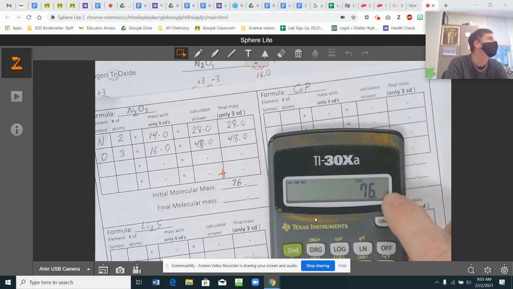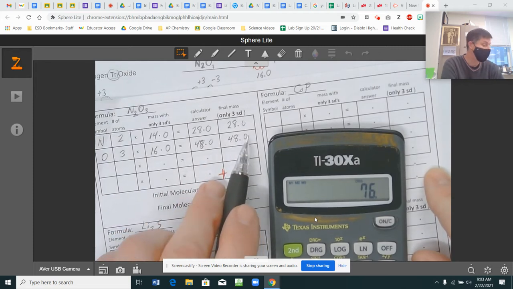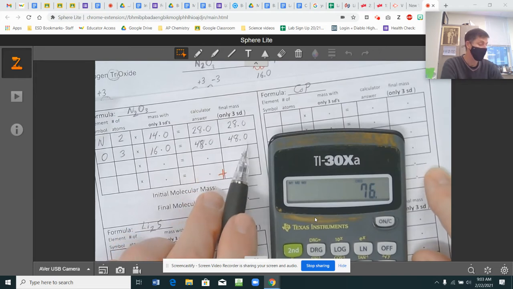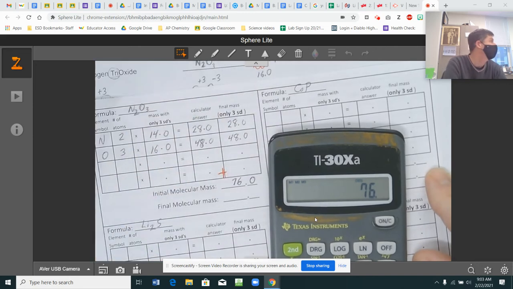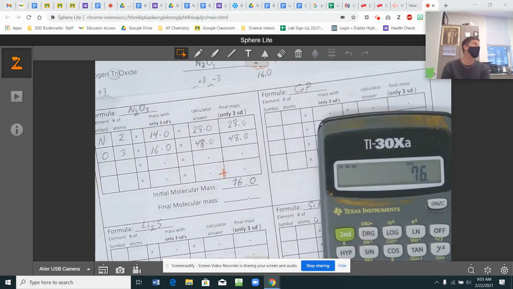A 0. Now, should I probably have a 0? Yeah, because I had zeros here, right? These are saying I've truly measured out to 28.0. So if that one's actually 48.0, this should actually be 76.0. So you've got to watch that because it does show us how much we can trust those numbers.